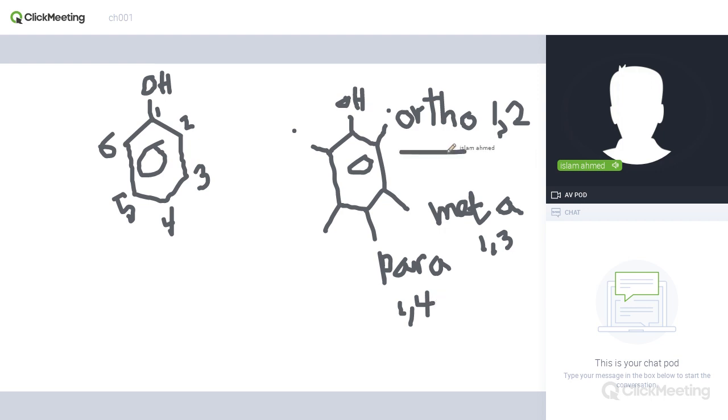Okay, this is an exam question, by the way, so you can be aware of that, because it's very important here to determine the positions of substitution on the carbon ring. 1 and 2, it's ortho. 1 and 3, it is meta. 1 and 4, it is the para.